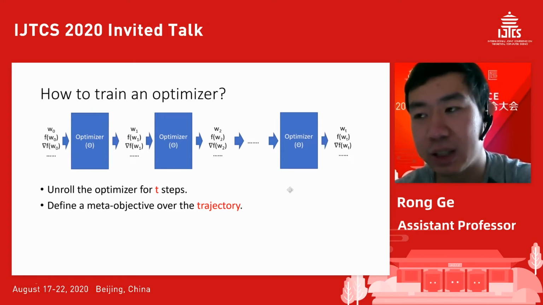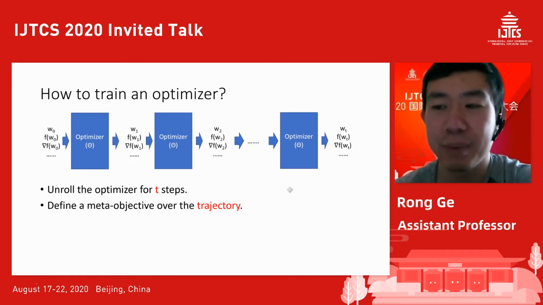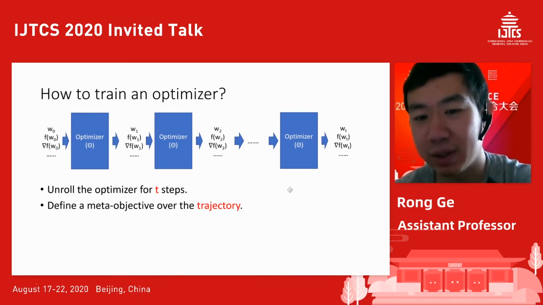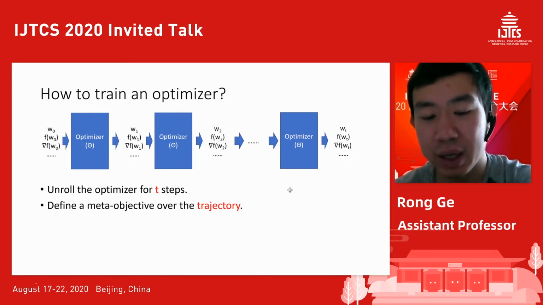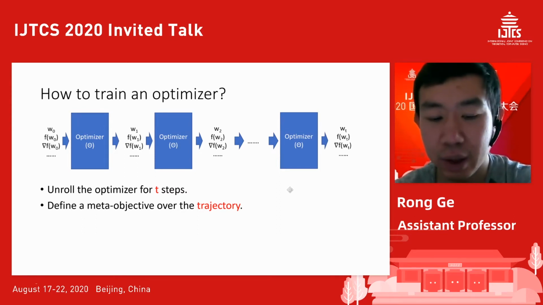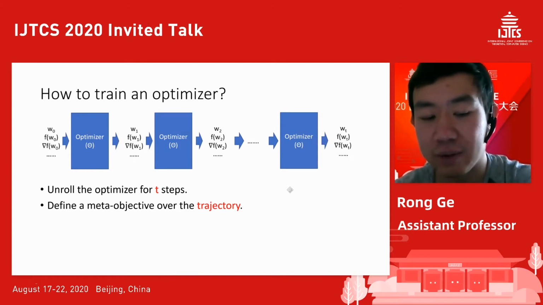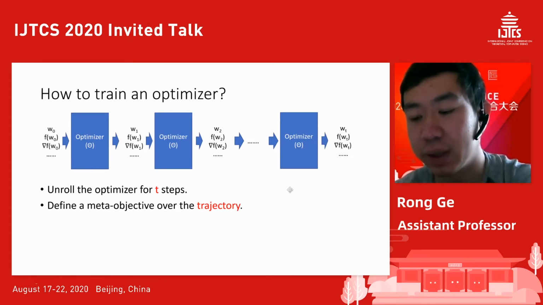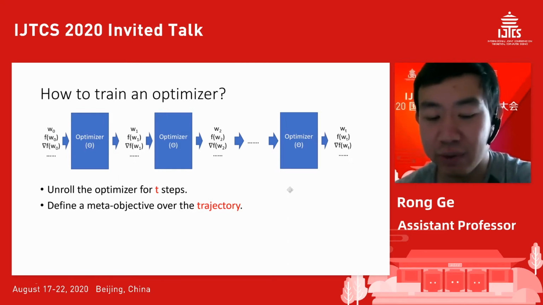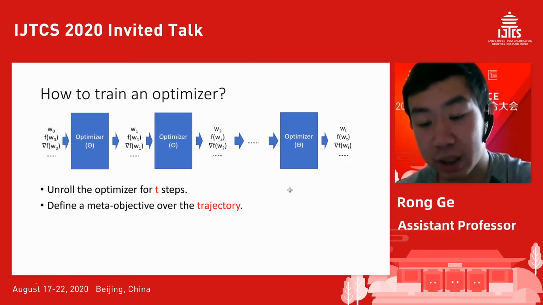Well, for example, it can just be, I want WT to have low loss, so I want to minimize f of WT. Or maybe that's too noisy. So maybe I want to minimize the average loss over this trajectory. So I can also try to minimize the average of f of W0, f of W1, all the way to f of WT, right? So you can think of all kinds of ways to define a meta-objective.